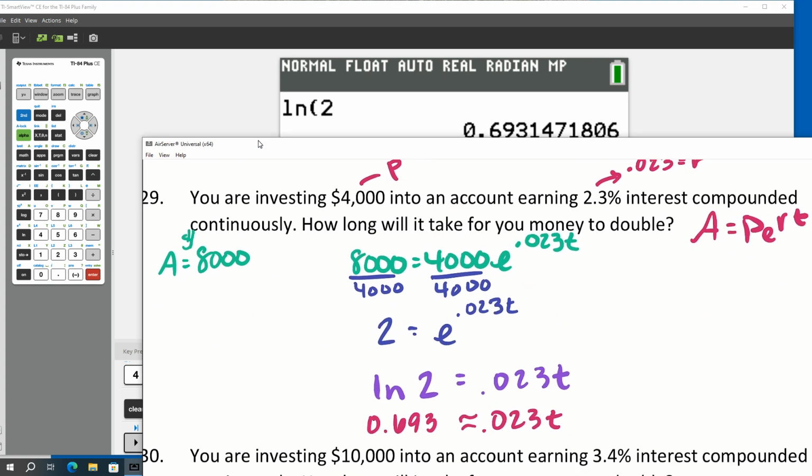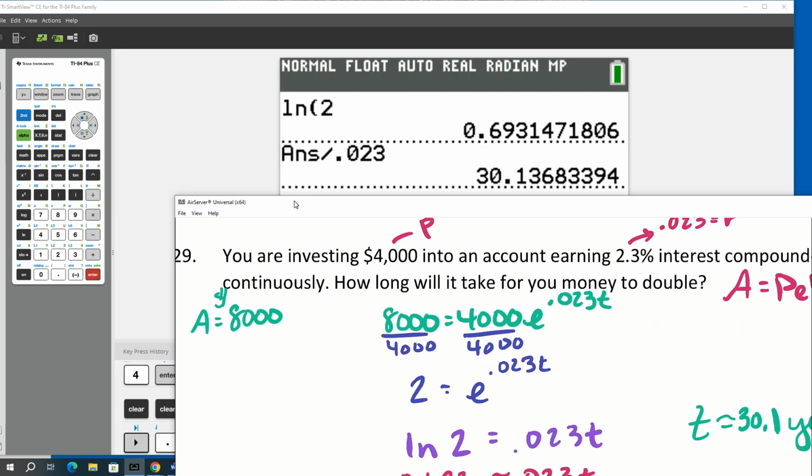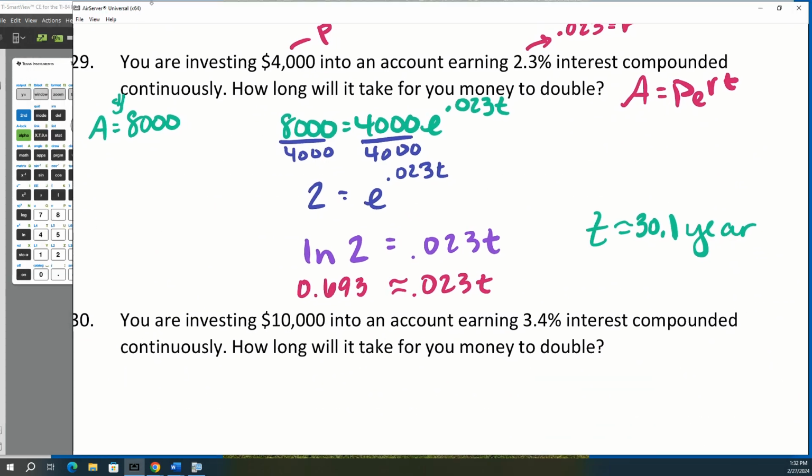And so it's going to take 30.1 years. Is it approximately 30.1? It's approximately. It's really 30.13683394.